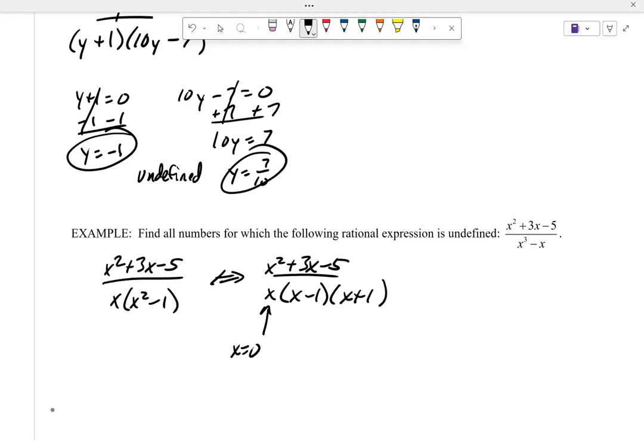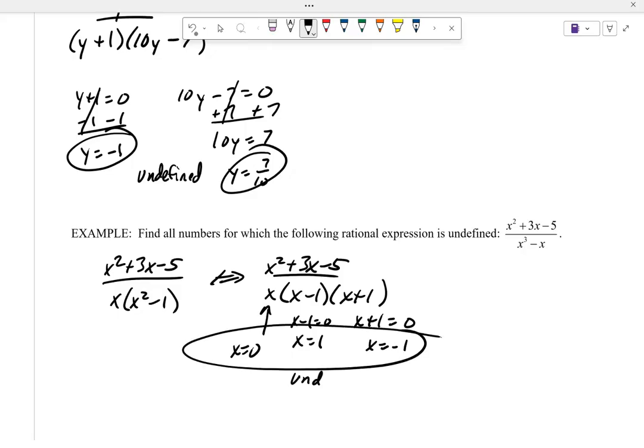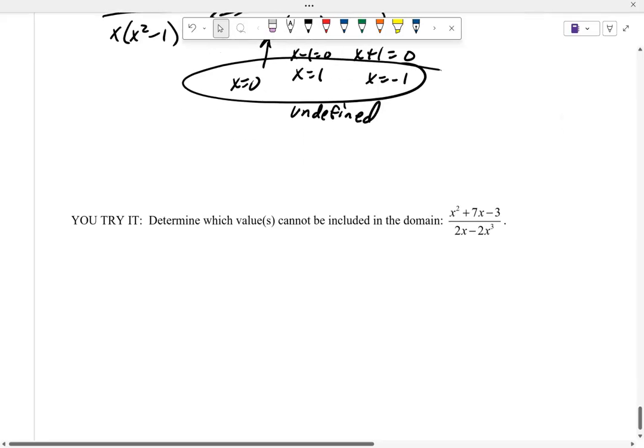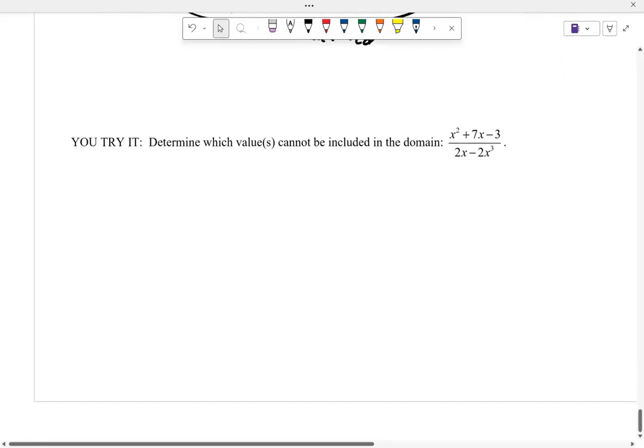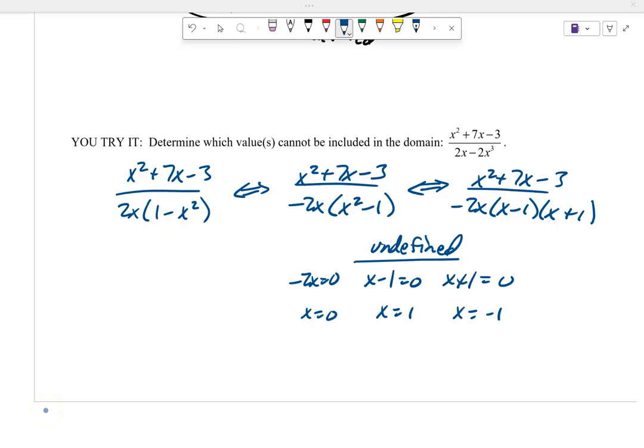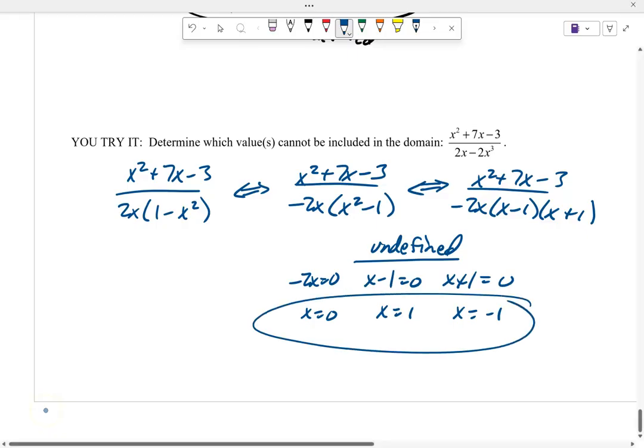When x is 0, when x is 1, and when x is -1. This is where it's all undefined. Remember, we can't divide by 0, so none of those can be 0. And you can go ahead and pause the video on this next one and try that. Here you'll notice that this will be undefined at 0, 1, and -1 if you want to pause that video.